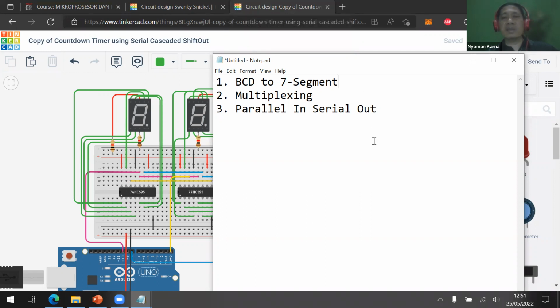And then we can analyze that in BCD 7-segment, we still need 4 cable to represent the BCD, binary coded decimal. But by using multiplexing, we need 7 cable plus 1 for the multiplexing.